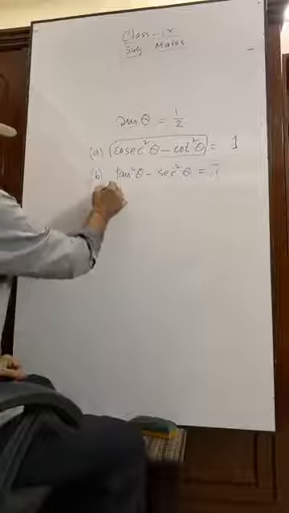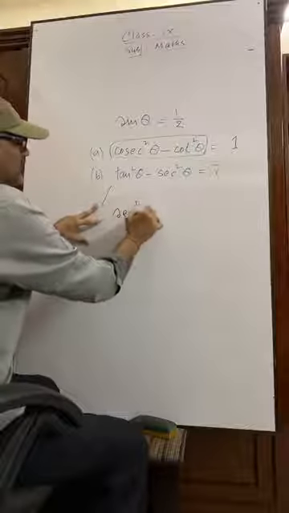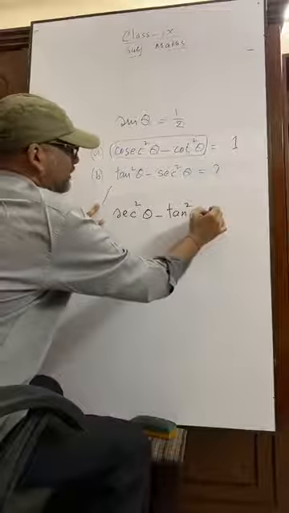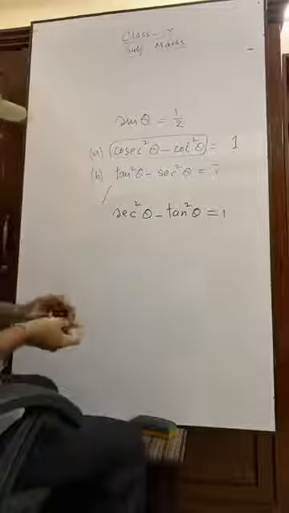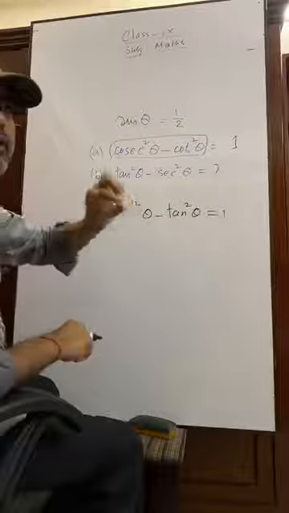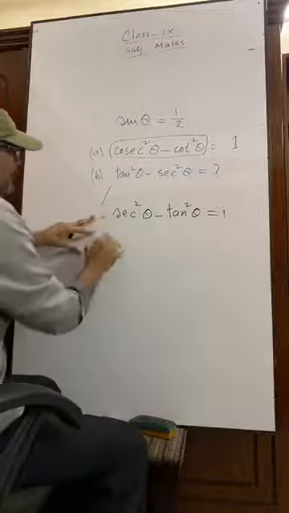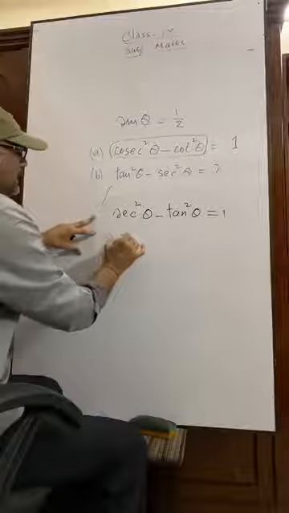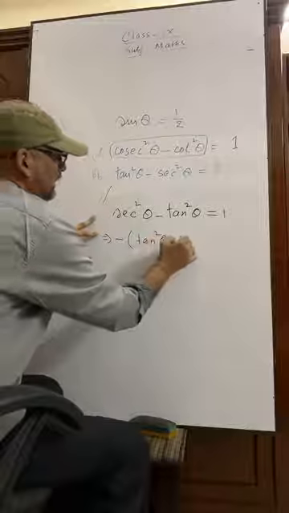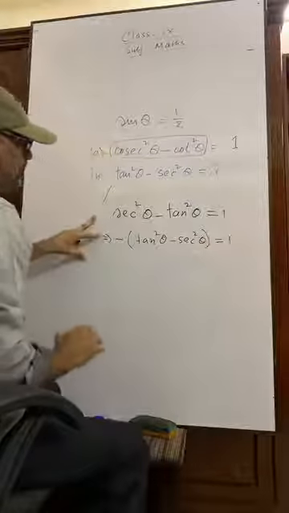For this case, we know another formula: sec square theta minus tan square theta is equal to 1. See, they are differed by only a minus sign. That means if minus is taken common, then it is tan square theta minus sec square theta is equal to minus 1.